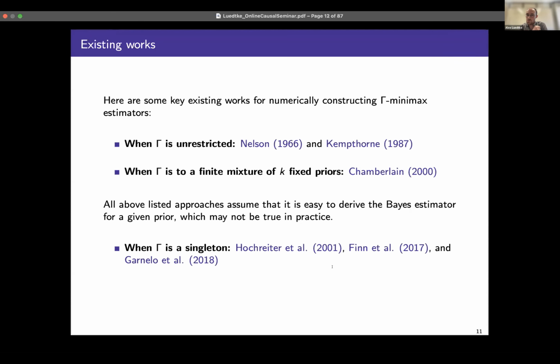So you're really just going after a Bayes estimator there. They haven't looked at the case where gamma is any larger than that. I'll add that these papers don't generally frame the estimator they're constructing as a Bayes estimator, though a few people have pointed out the relationship between meta learning from the machine learning community and the construction of a Bayes estimator.